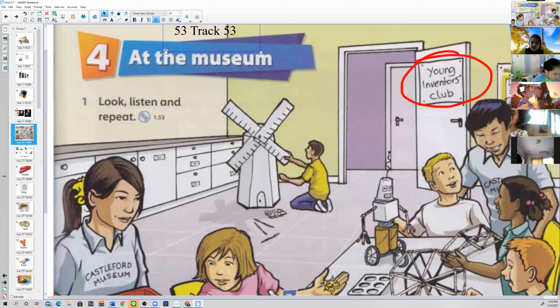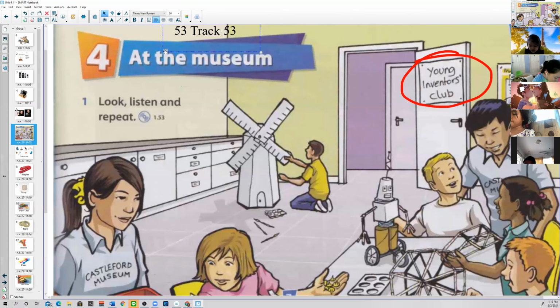Good. 6. Paper clips. 7. Tape. 8. Straws. 9.